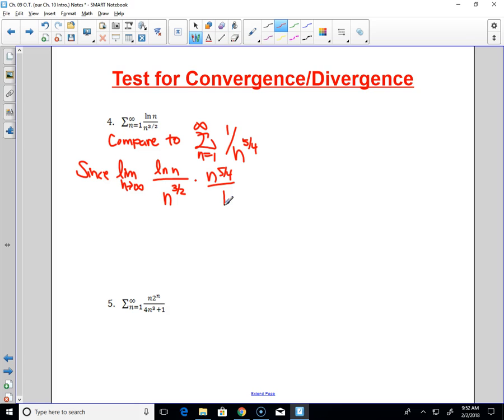So therefore I can say this limit is 0, and what's different about this equaling 0 than the 1 over n, 1 over n to the half, is this guy converges. So limit equals 0 with a convergent, I'm done.